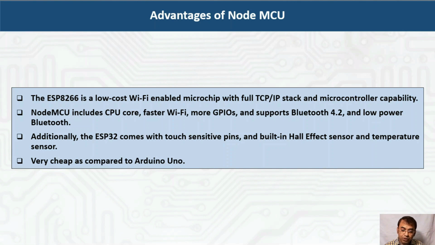Additionally, the ESP32 comes with touch sensitive pins, a built-in Hall effect sensor and a temperature sensor. It is very cheap compared to Arduino Uno. That is why, whenever you decide you want to build some IoT application, you can use this NodeMCU chip, or let's say you can use the ESP8266.